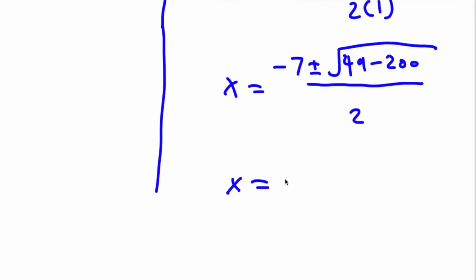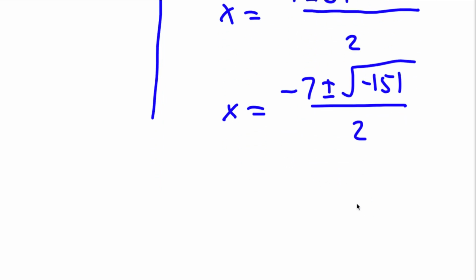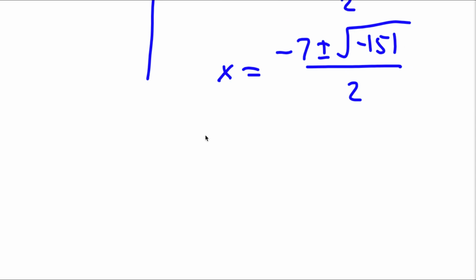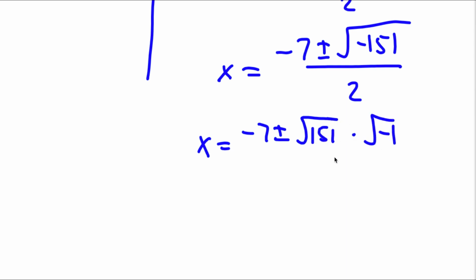Now I have x is equal to negative 7 plus or minus the square root of negative 151 over 2. Now, I can rewrite the square root of negative 151 as the square root of 151 times the square root of negative 1.